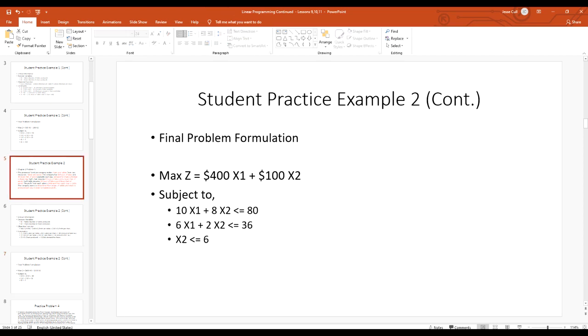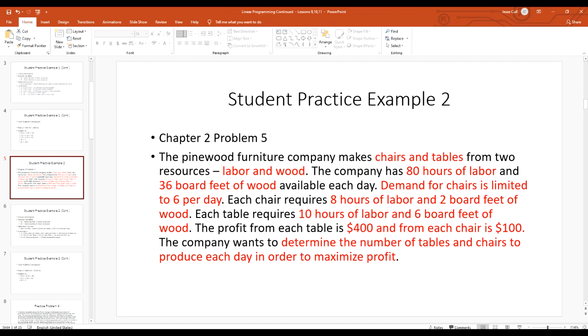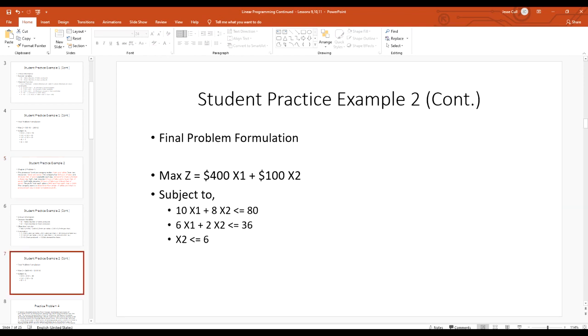So taking the natural language question here, we have now converted it accordingly into our final solution here, the problem formulation here, that will allow us to solve this problem.